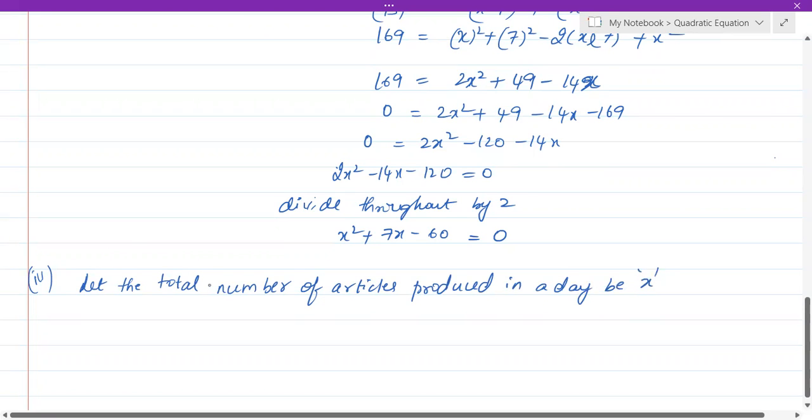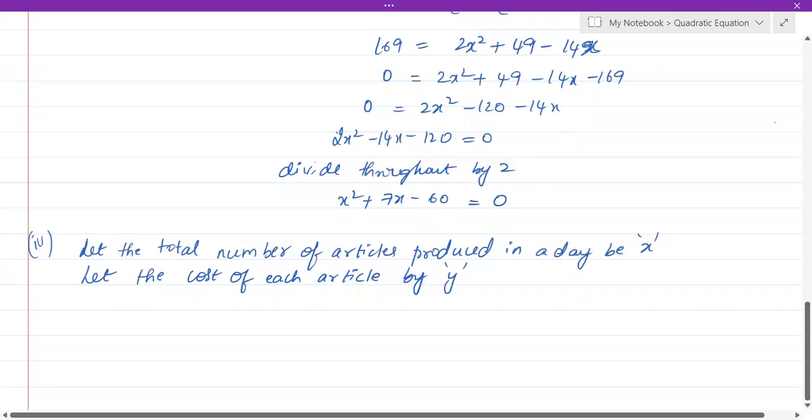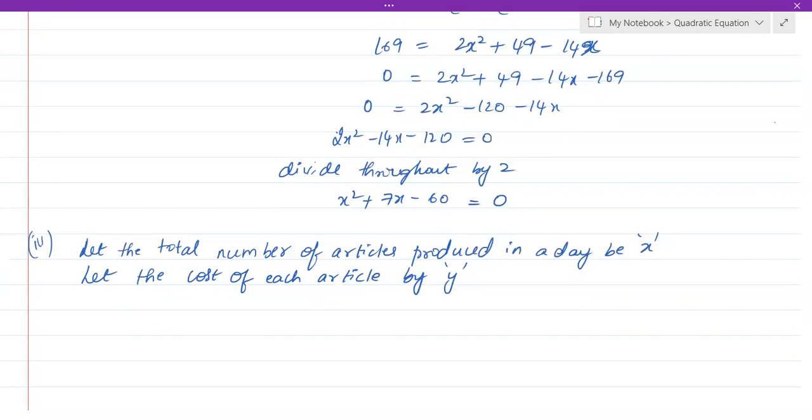X. And let the cost of each article be Y. See, in a day, how many articles are we producing? We are producing X articles. That X might be 10, 20, whatever. And the cost of each article is Y rupees.